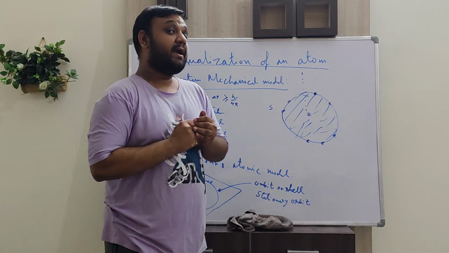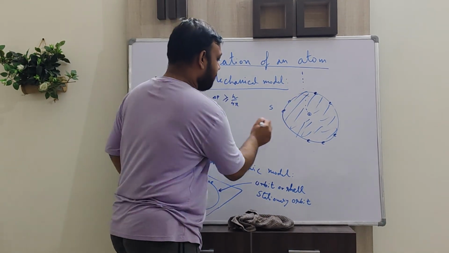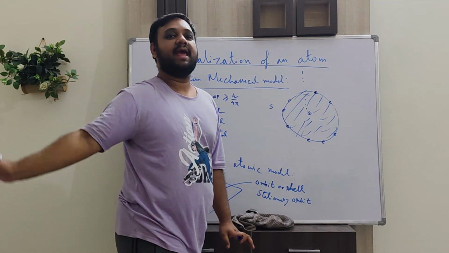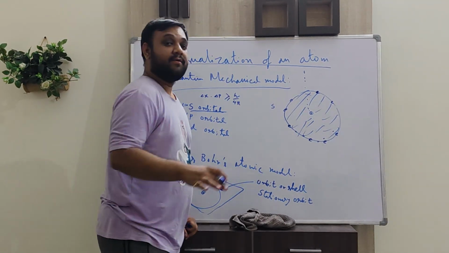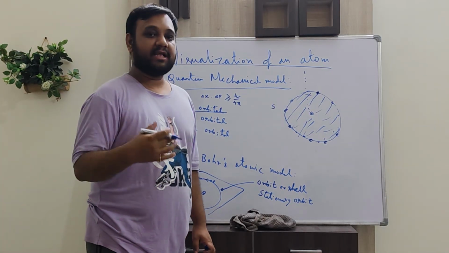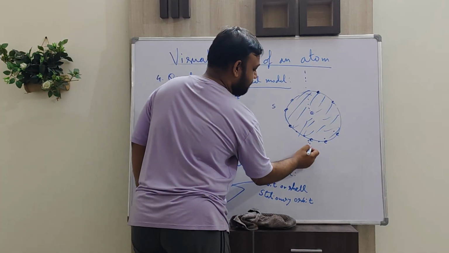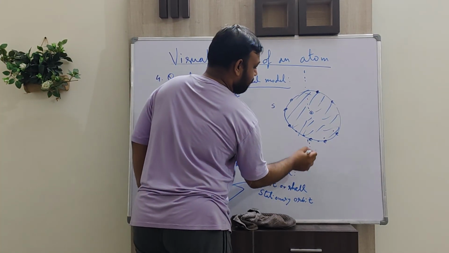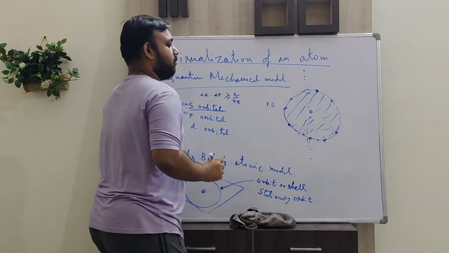But if you ask me whether the electron can be found only on the surface, not necessarily at all. Here we can find the electron with much more chance, much more probability, but we can also find it outside, but the probability is decreasing. We can also find it inside, but the probability is decreasing for 1s.